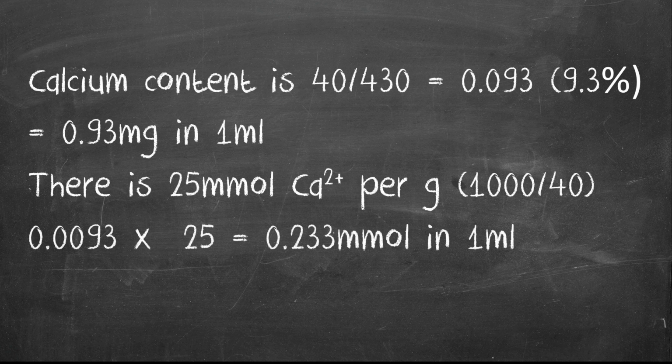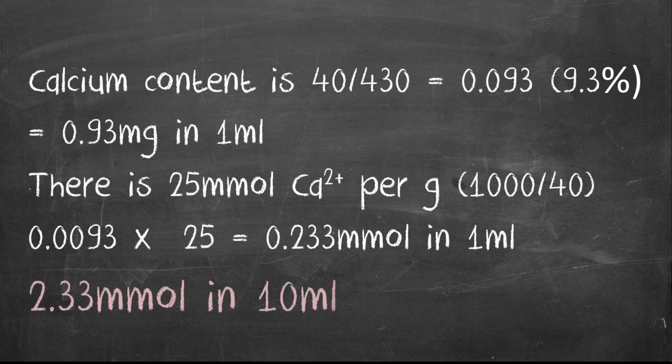And of course, 0.093 times 25 works out at 0.233 millimoles in 1 mil, or 2.33 millimoles in 10 mils. So it's significantly lower in calcium than the other two products that I've shown you.